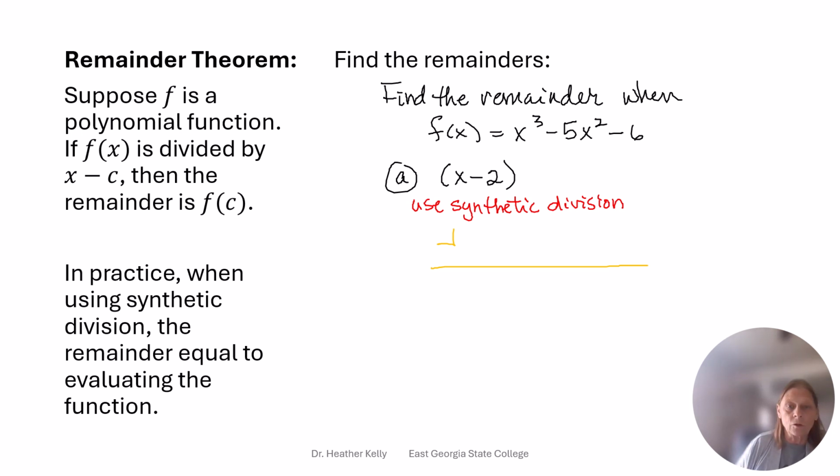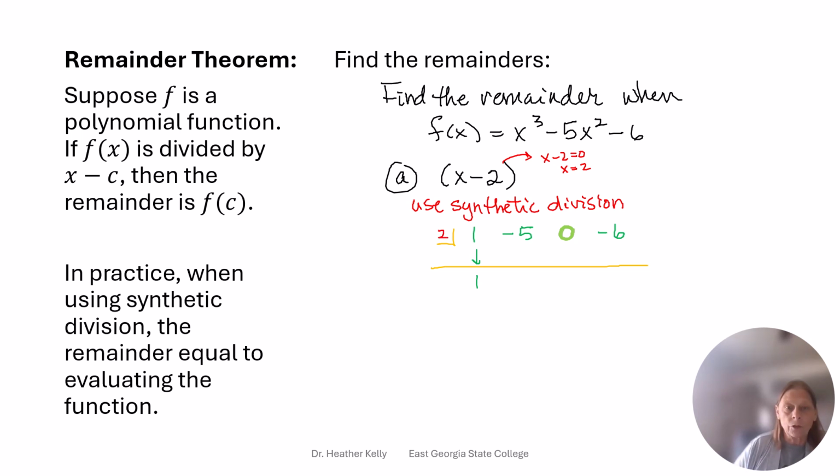So the coefficients are 1 for x cubed, negative 5 for x squared, and watch this out here, there are 0 x's, so I have to put in that placeholder for 0 x's, and then minus 6. I'm going to bring that 1 down here. And now we're going to figure out this: x minus 2 equals 0, so x is equal to 2. That's the number we're going to put in here.